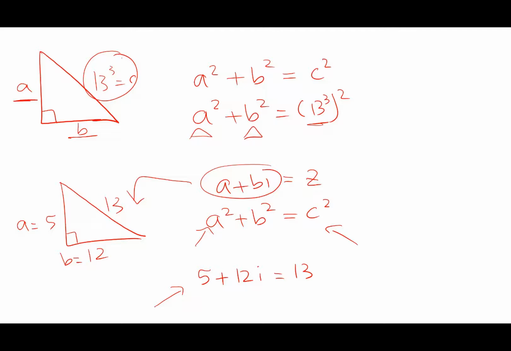They're all just coordinates on a graph. They all just have to add up and be the distance of that c squared away. So I'm going to go ahead and call it 12 plus 5i equals 13. Okay. So now what we have is z equals 12 plus 5i.